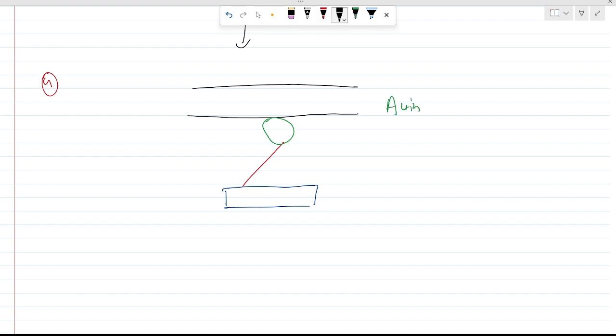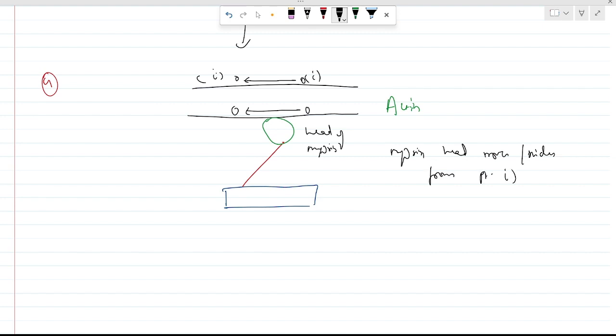We see that this myosin head moves from this point to this point, from point 1 to point 2. So this is our head of myosin. The myosin head moves or slides from point 1 to point 2.